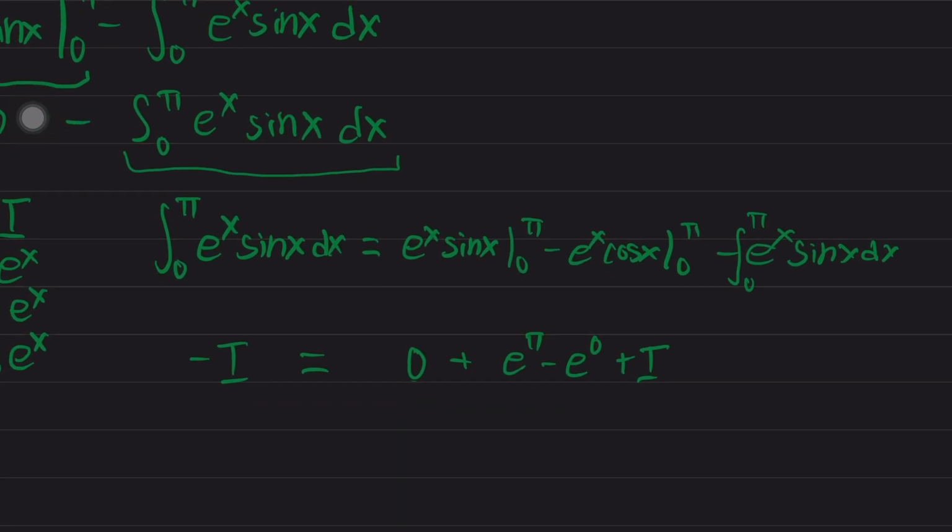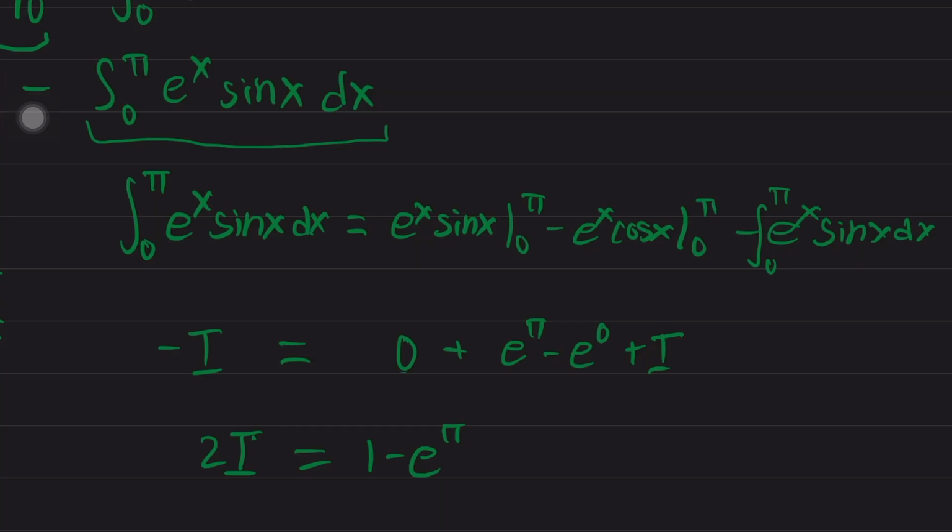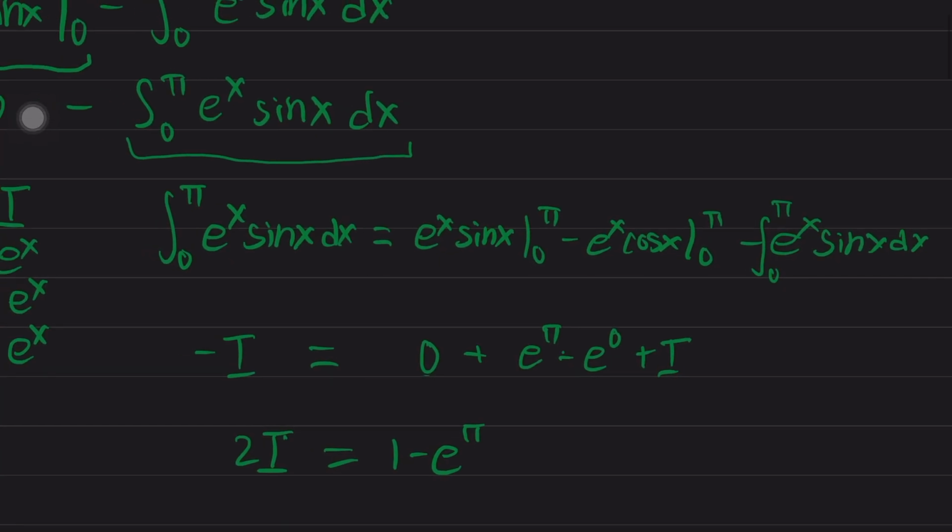Now we can move this all to one side, and we have 2I is equal to 1 minus e to the pi. Oh wait, this should be a plus. Yes, we had minus, and then we would have another minus, so that would become a plus.